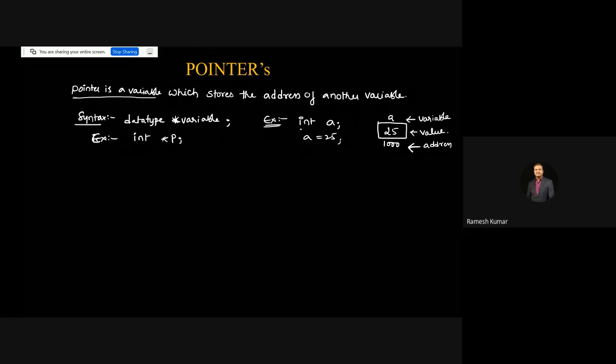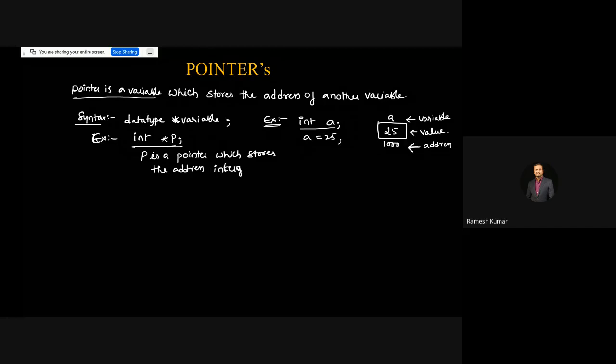If int a is there, I can call a an integer variable. That is correct. For int star p, don't say p is an integer pointer. What you can say is that p is a pointer which stores the address of integer variables.